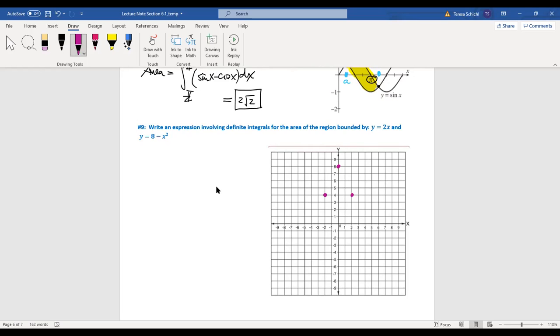Let's take a look at other ones here. When x equal to 4, x squared is 16, so it's -8. And -4 gives you -8 as well.